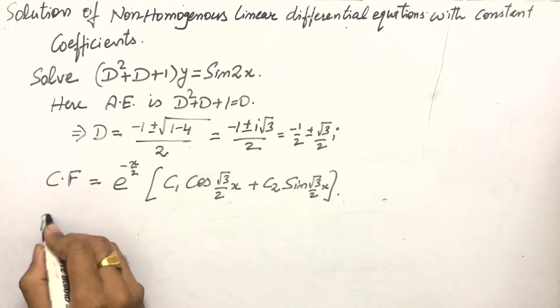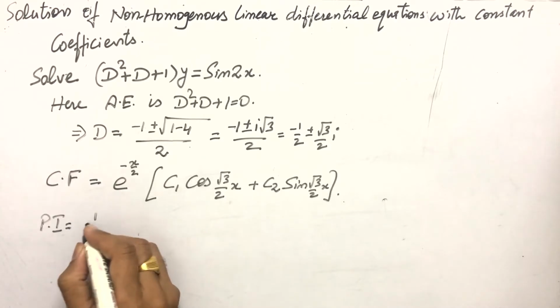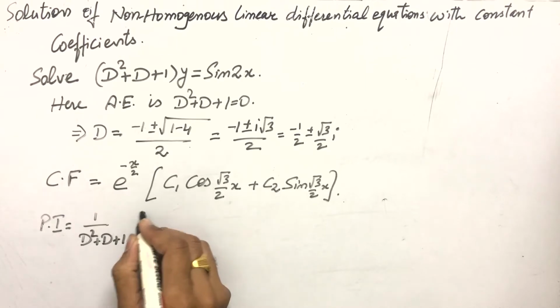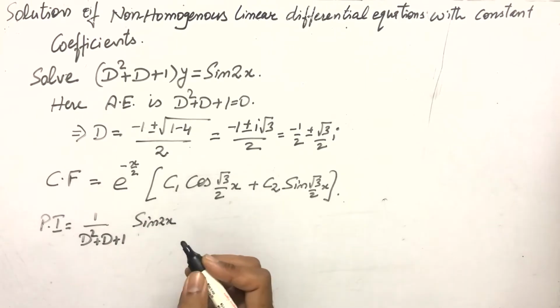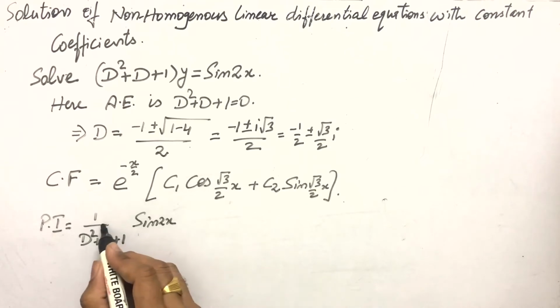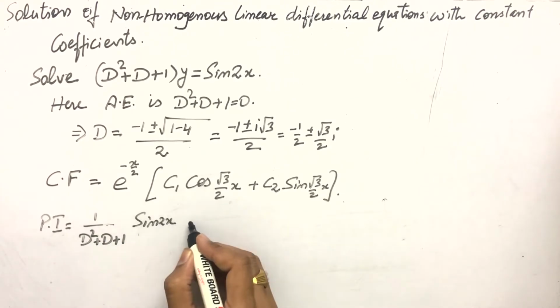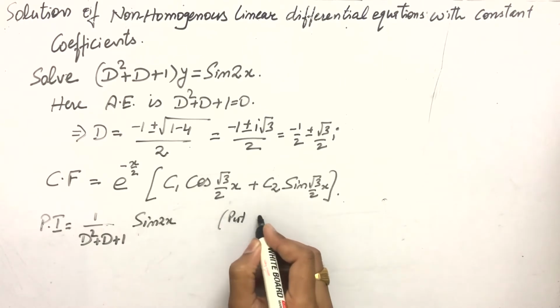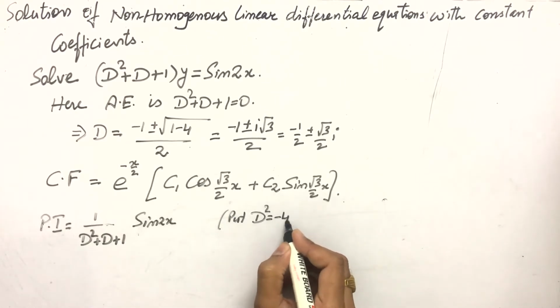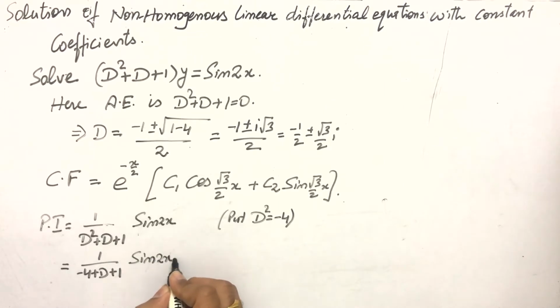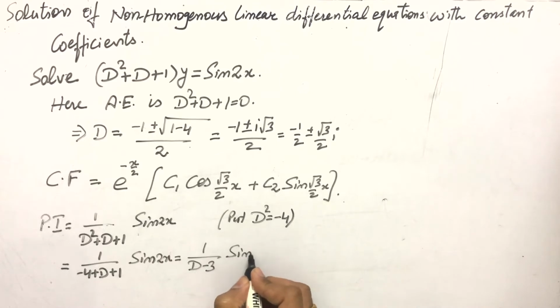Now for the other part, the particular integral is equal to 1 upon D square plus D plus 1, sine 2x. As we learned in the formula, we put D square as minus of this square, which here is 2. So we put D square as minus 4. So it becomes 1 upon minus 4 plus D plus 1, sine 2x, which is 1 upon D minus 3, sine 2x.